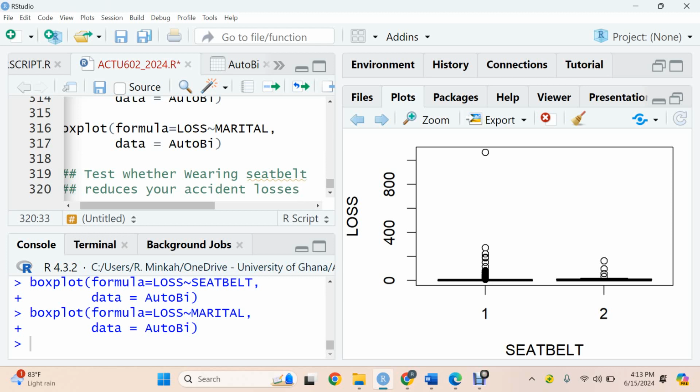So how do you test a hypothesis? One, we need a null and alternative hypothesis. Two, we need test statistics, right?